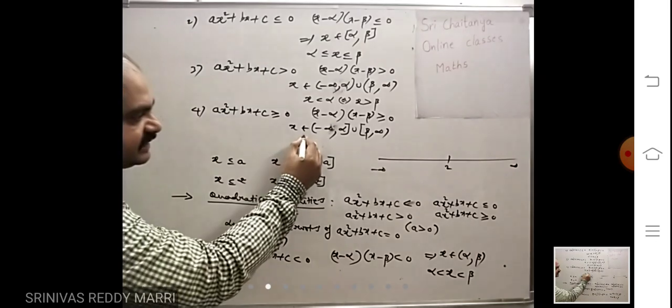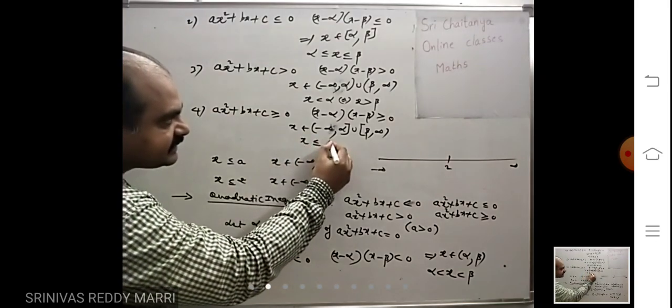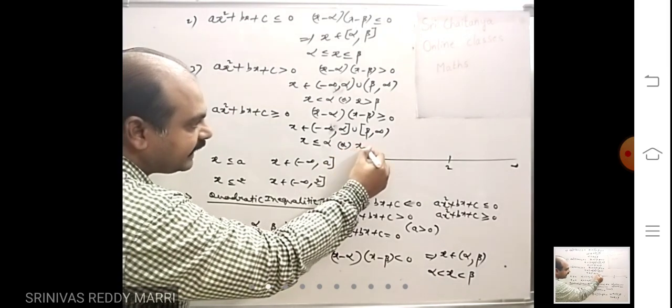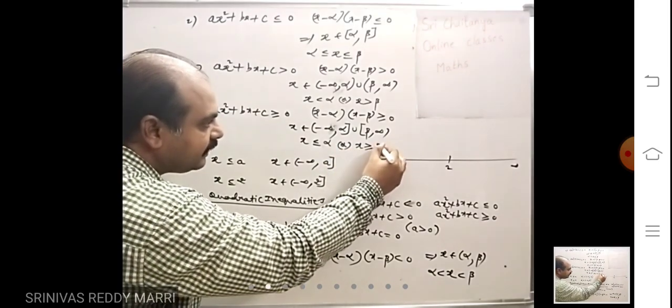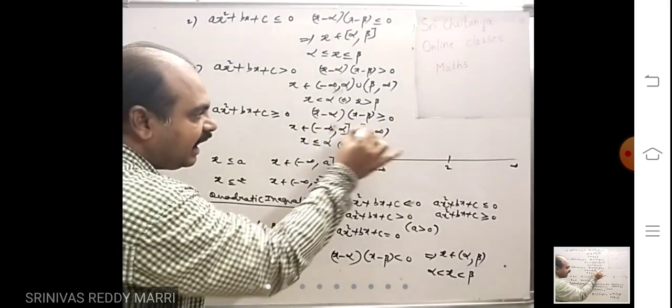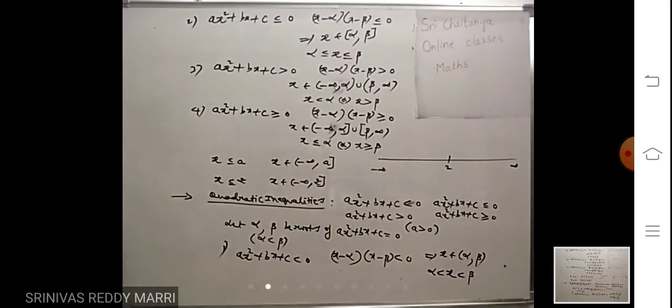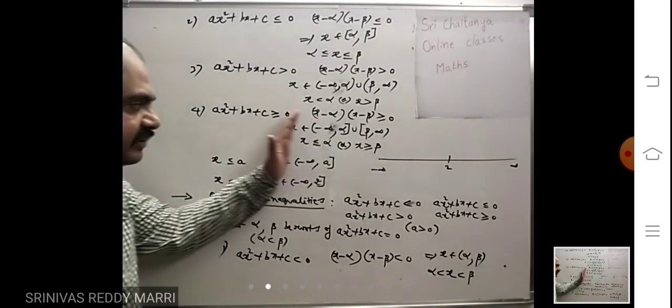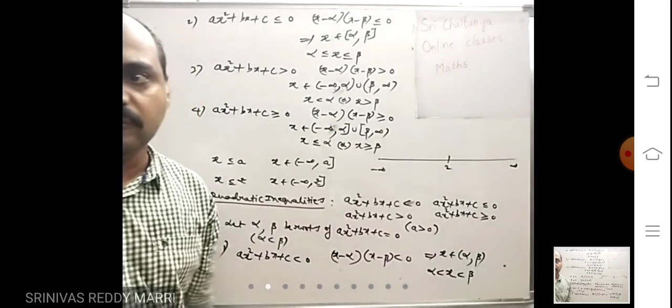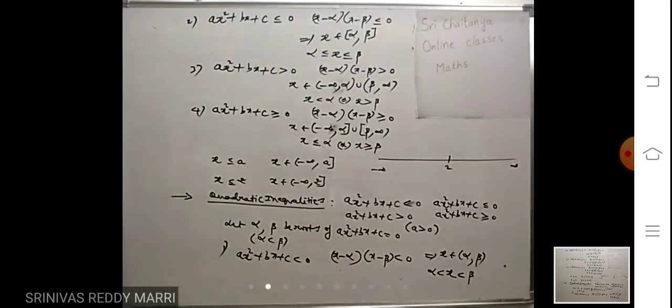This means x less than or equal to alpha or x greater than or equal to beta. The only difference is that here we write alpha, beta in the closed bracket. That means all the values less than or equal to alpha and all the values greater than or equal to beta are the solution set.